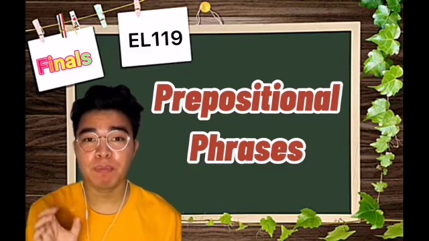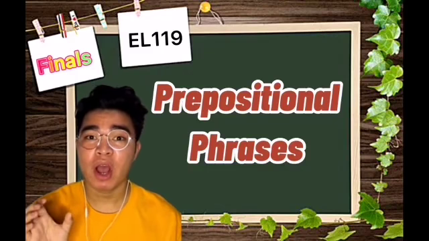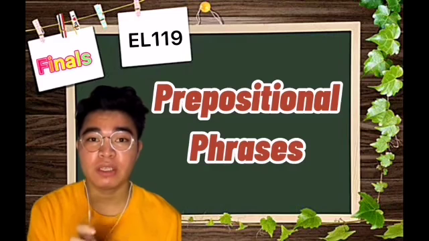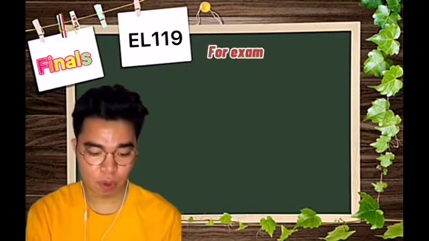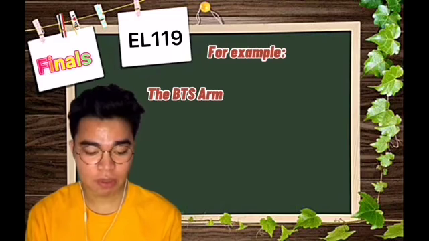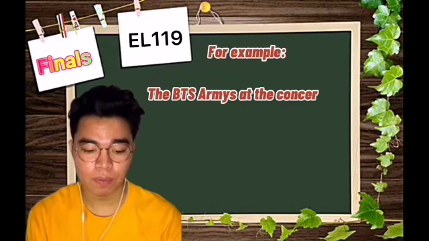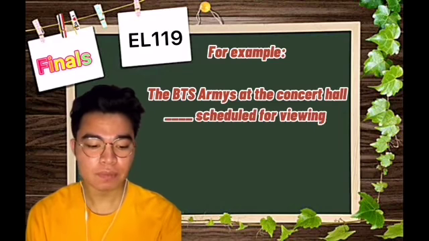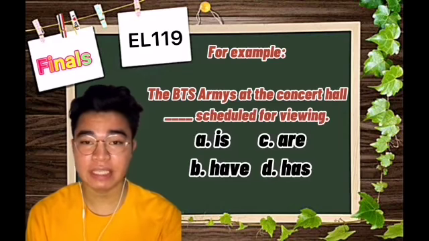When we say prepositional phrases, these are phrases that tell where the subject is located. For our example, we have: The BTS armies at the concert hall blank scheduled for viewing. For our choices, we have is, have, are, and has.